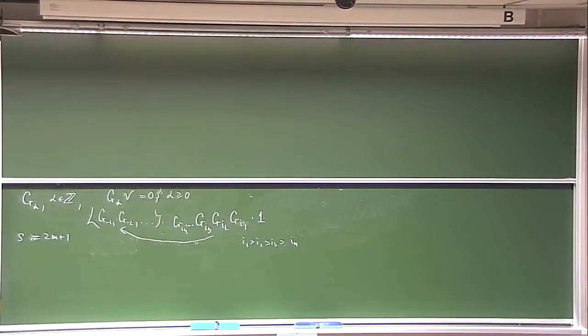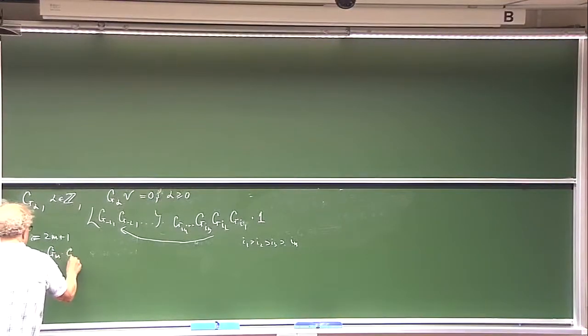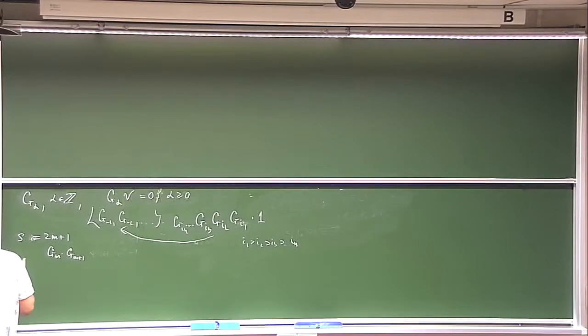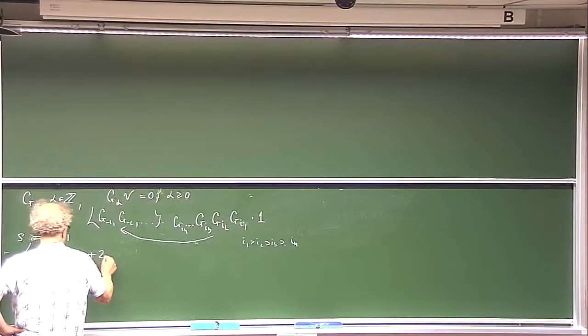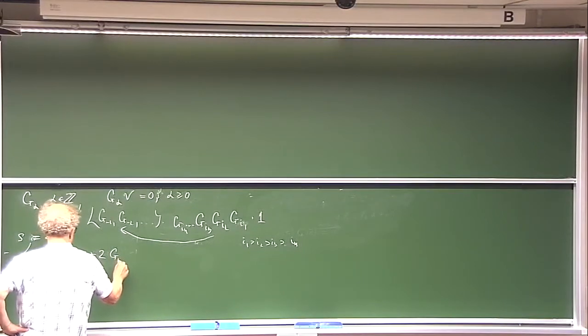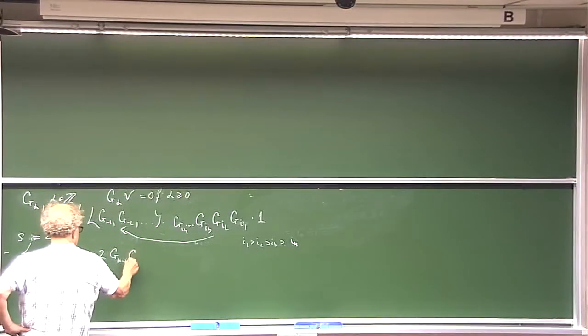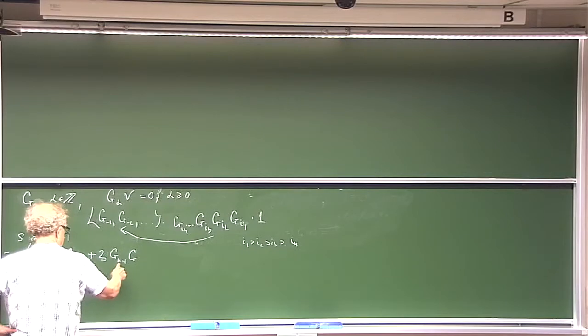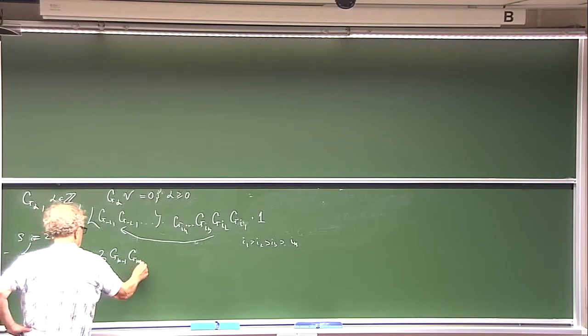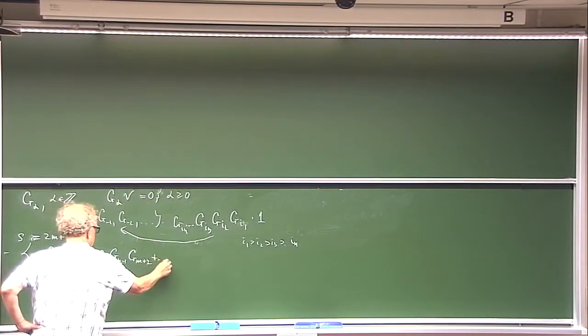Then what is this relation? It is G_m times G_(m+1), and the difference is minus 1 in this case, maybe minus in front. And then plus, we have 2 G_(m-1) G_(m+2), plus so on.